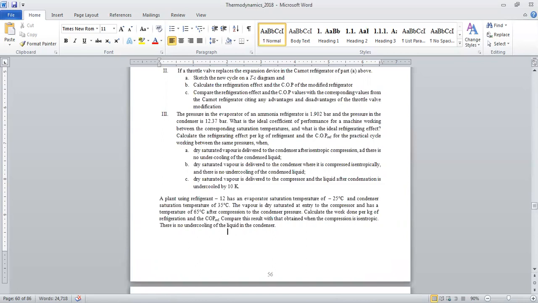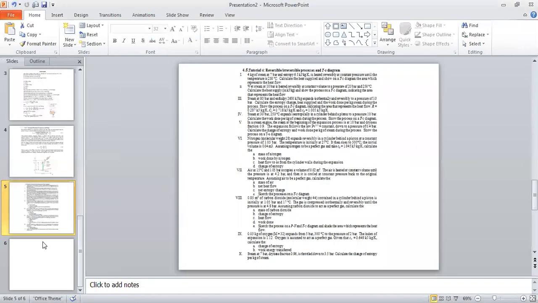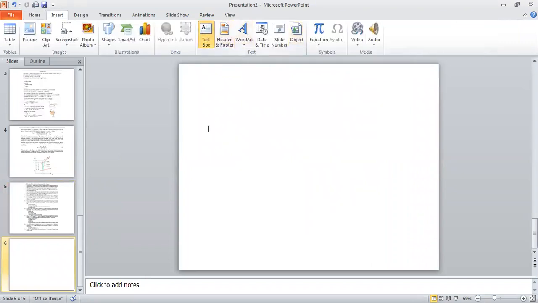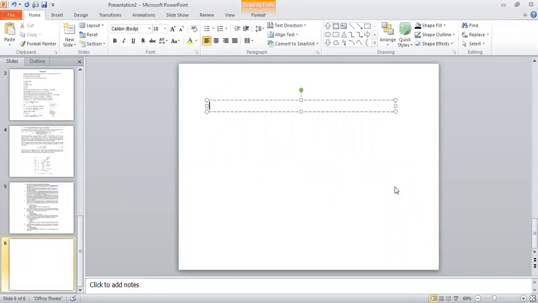So I will write it here today. So after this, page 45 to page 56. 11 pages to understand.